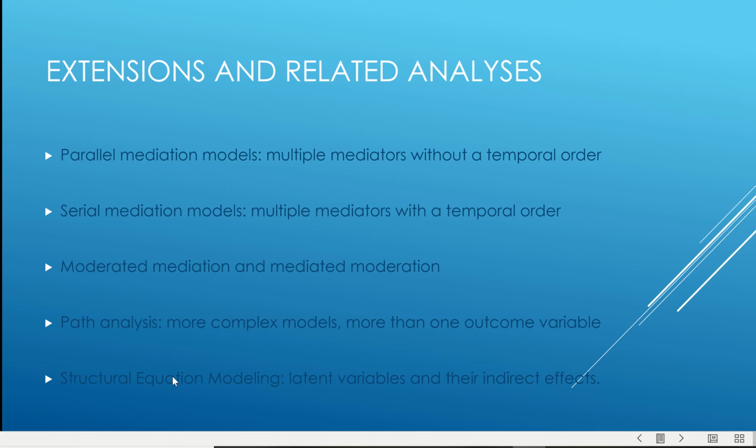And mediated moderation involves an interaction effect that is explained by a mediator. As things get more complex, you can use path analysis, so you can have more than one outcome variable. You can have serial mediators, you can have parallel mediators, you can have serial and parallel mediators. You can have parallel mediators that are in sequential order, so things can get considerably more complex.